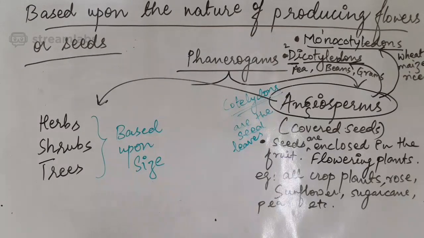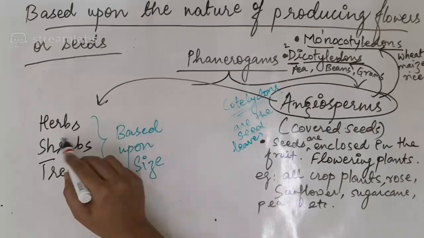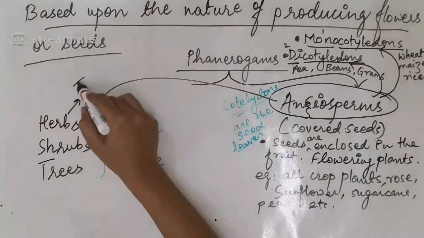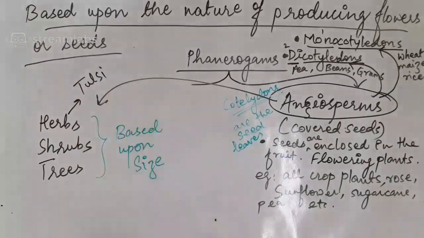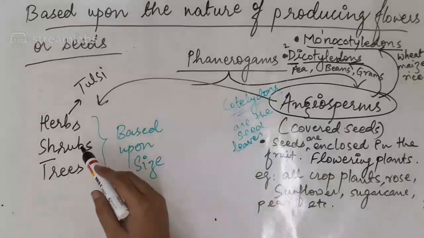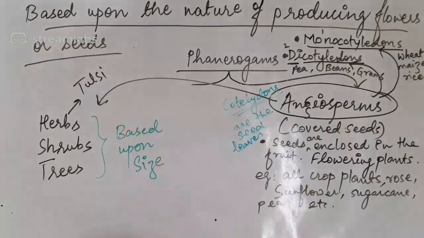Shrubs are having spines. ठीक है, herbs में example आप लिख लो तुलसी, आप समझ जाओगे. Short stem, very flexible stem, and these are having many other characteristics, medicinal purposes.